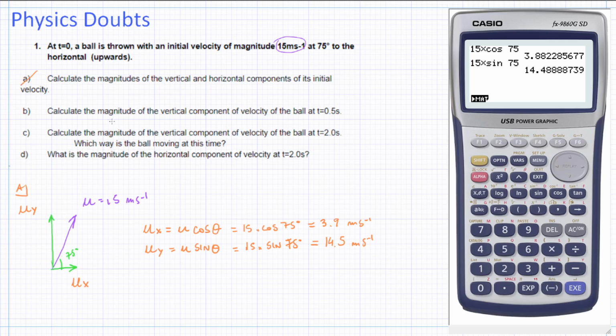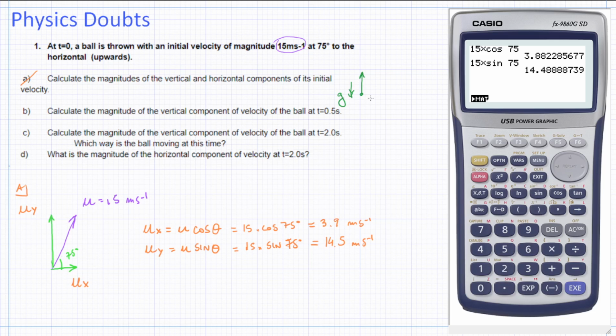Letter B, calculate the magnitude of the vertical component of your velocity at 0.5 seconds. So the vertical motion is going to be, the ball is going to be thrown up, and it's going to be pulled down by gravity, right?